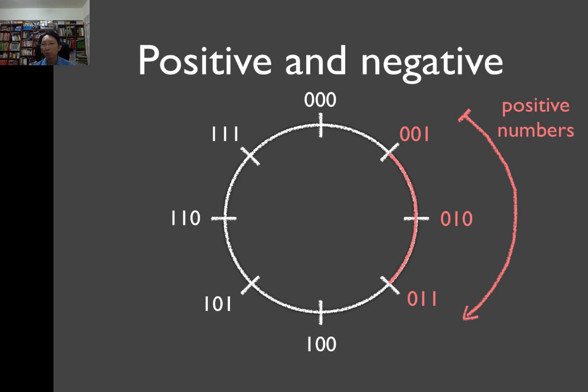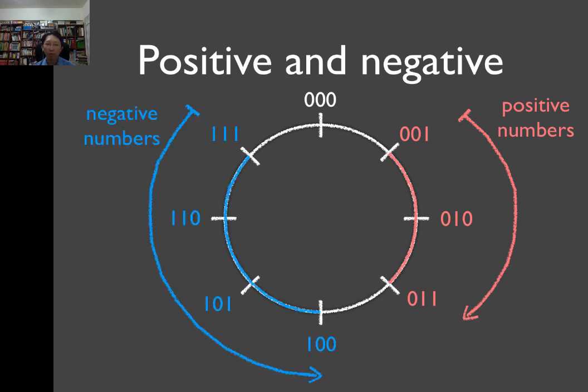The left side numbers are negative numbers because the leading bits are 1. And their corresponding decimal values are listed here.